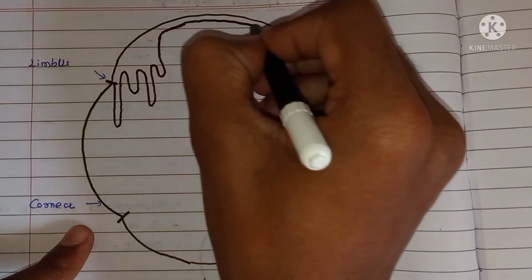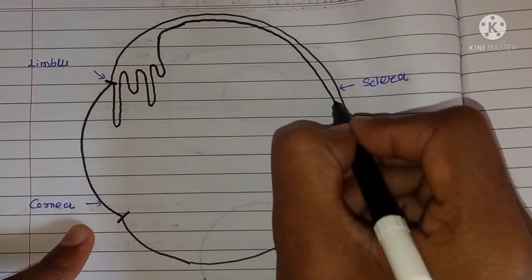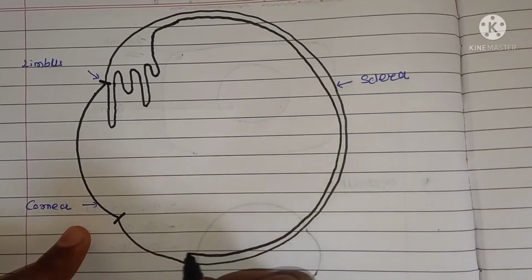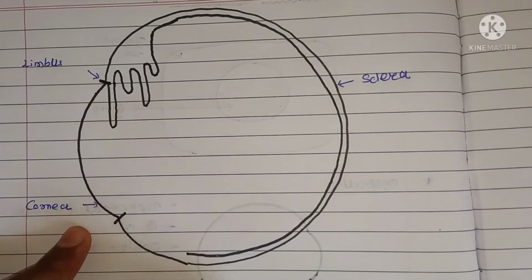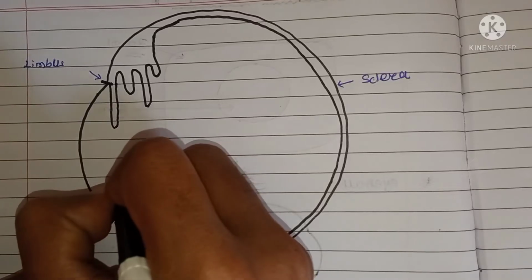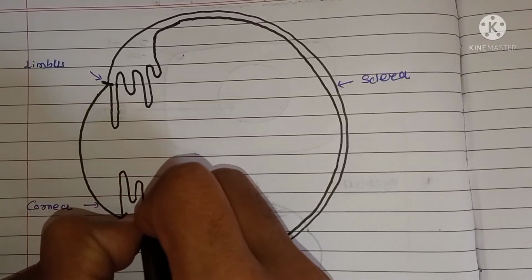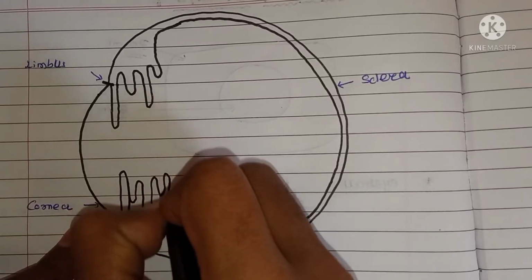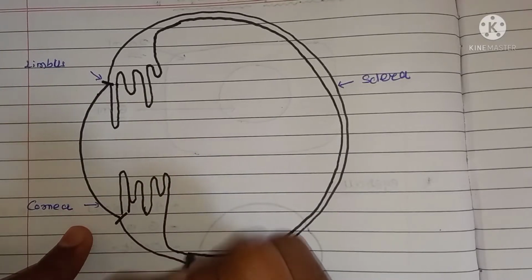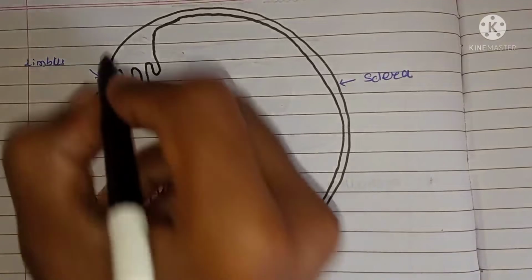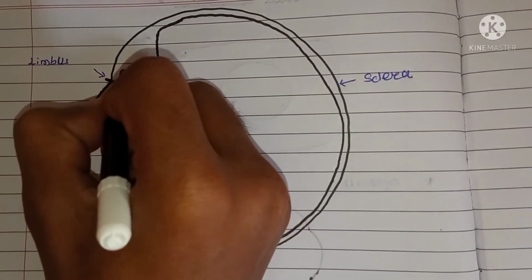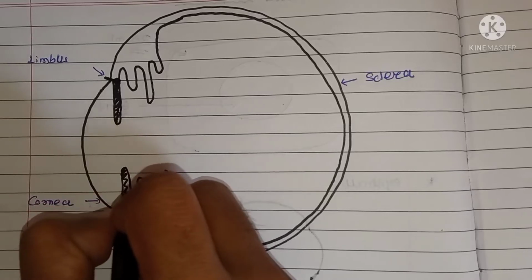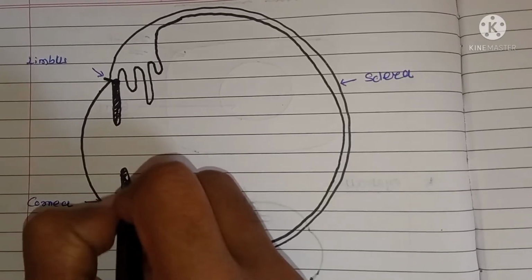So this whole thing is choroid. Here also is an iris. This is iris, this is ciliary body, and this is choroid. So this part is what? Iris.